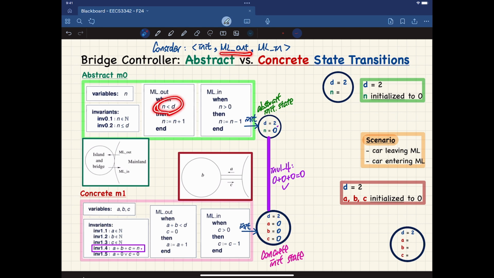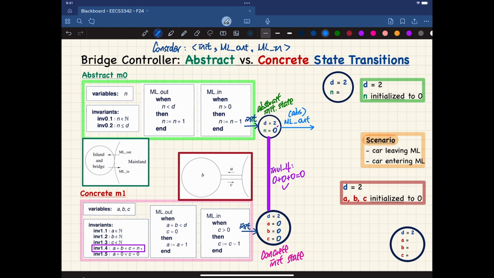Now n currently is 0. 0 less than d, which is 2, that's true. So that means the abstract version of ML out should be enabled, and that way, we're going to take ML out. So this is the abstract version.